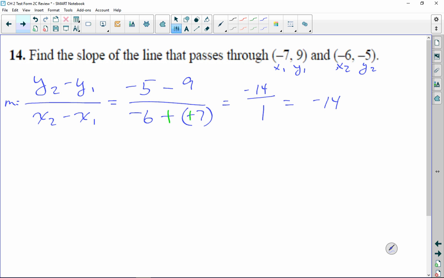Put your top part in parentheses, and then put a division sign between it, and then make sure you put the bottom in parentheses, and it should come out right. So it's nothing else, it's just negative 14 for the slope. I did it. Negative 14. Did it work now? Good.